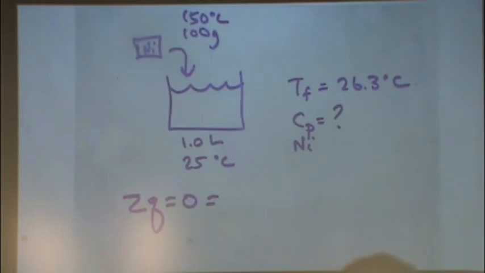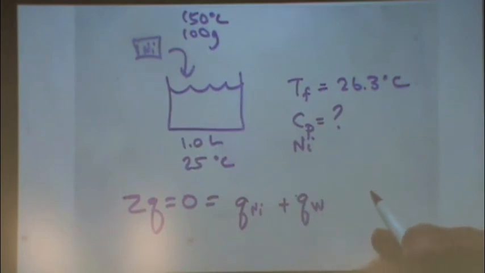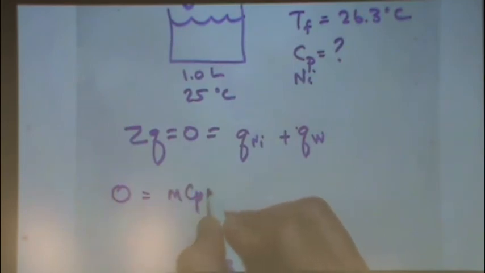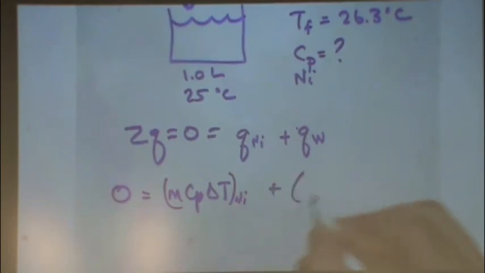So you want to find everything that changes temperature. The nickel will cool down, the water will warm up, and that's it. So 0 equals Q of the nickel, m Cp delta T, plus the Q of the water, m Cp delta T.